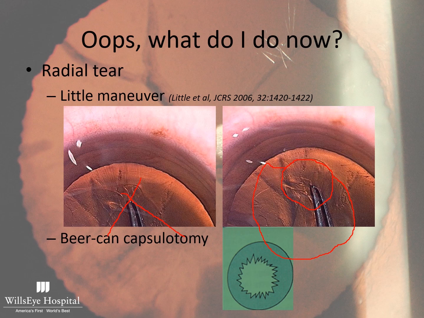Technically, once you have 3 radial elements, if they're equal in size, then it should be less likely to radialize. If I have a partial continuous rhexis and it tears out and I need to do a can opener or beer can capsulotomy, I will go back to the area where there was the continuous rhexis, and I will make some little nicks in the capsule to adequately distribute the radial elements.